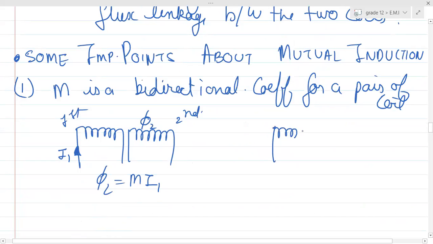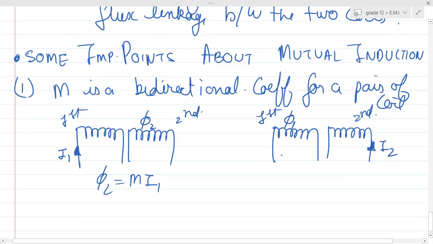Similarly, if this is the first coil again and this is the second coil, and now some current is flowing in the second coil, let's say I2, due to which some flux is linked with the first coil, then again I'll write phi 1 equals M into I2.